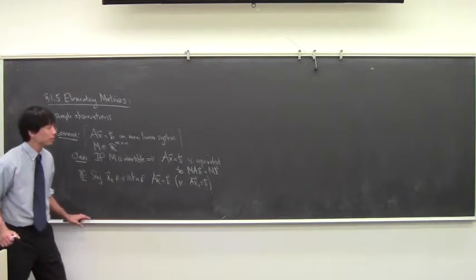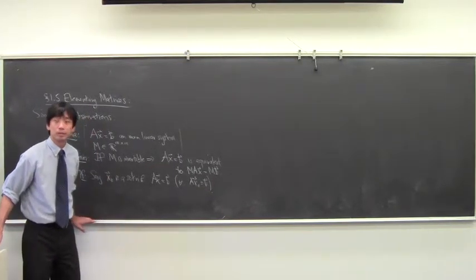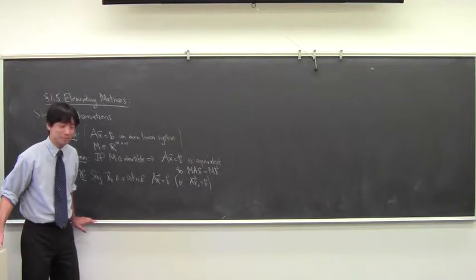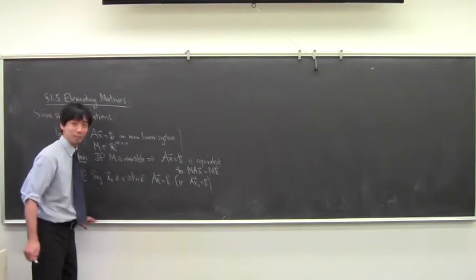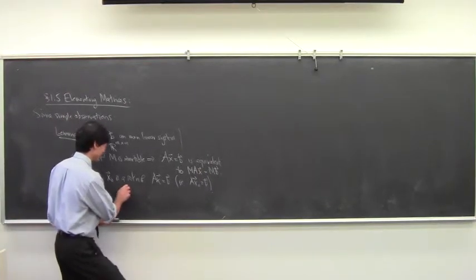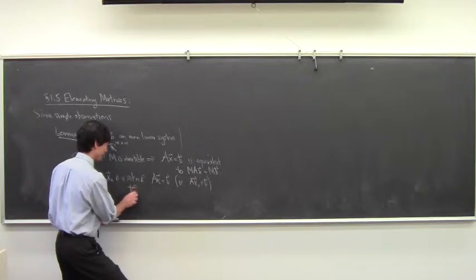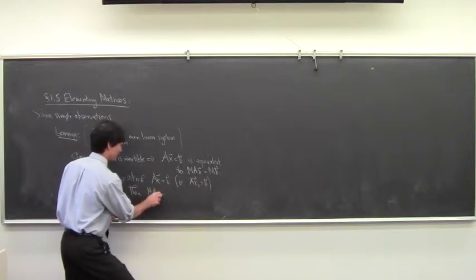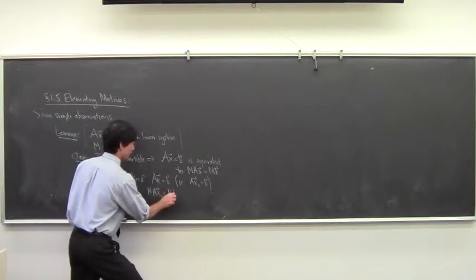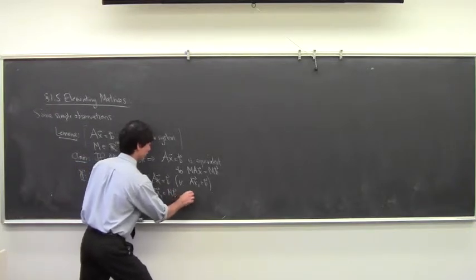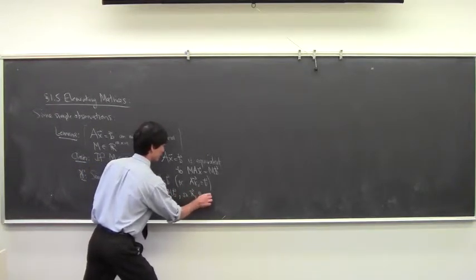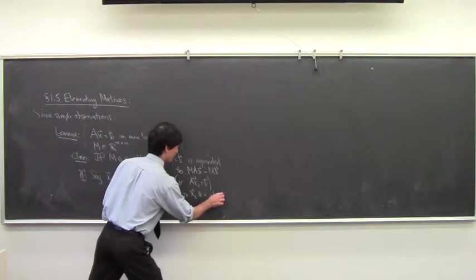Well, don't you just get M times the same matrix on both sides? Just multiply both sides by M. So then MAX naught equals MB, so X naught is a solution of the second system.